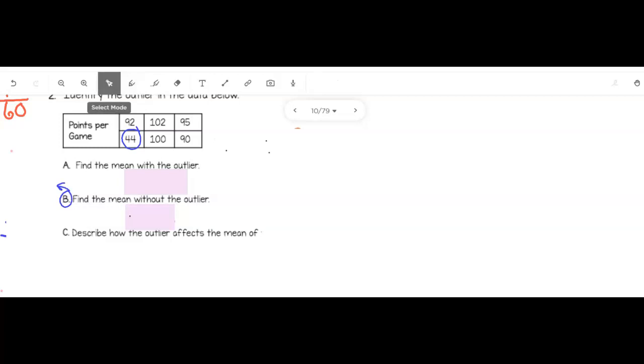I already did it ahead of time and I have it blocked off, so I'm just going to move this out of the way. I'm rewriting all the numbers. And we're going to stack them and add them. So write that down in your notes. I'm going to add them all up, and that's going to give me 479.